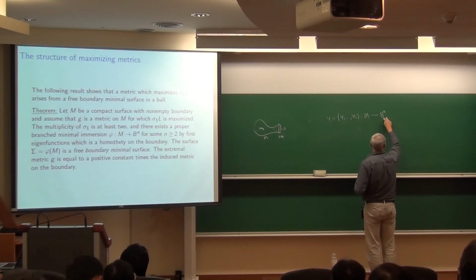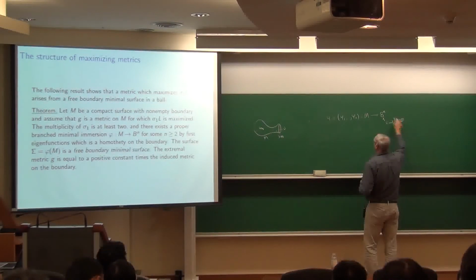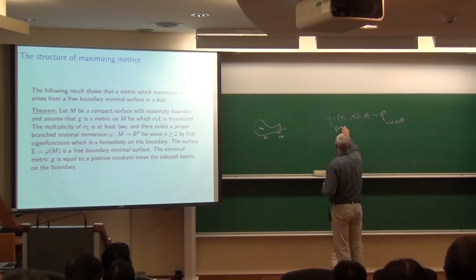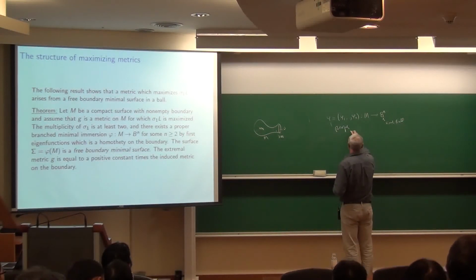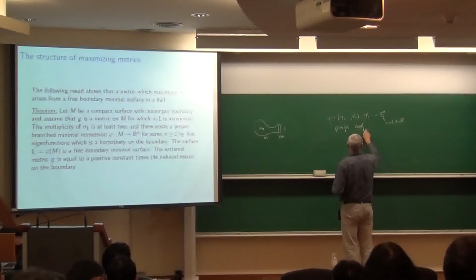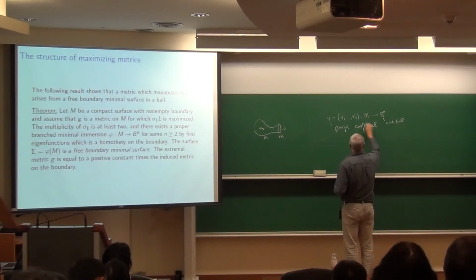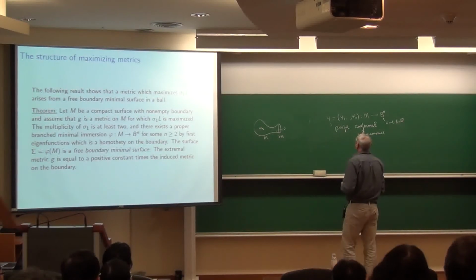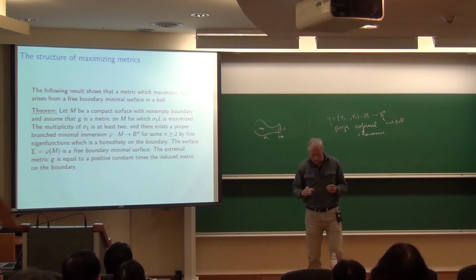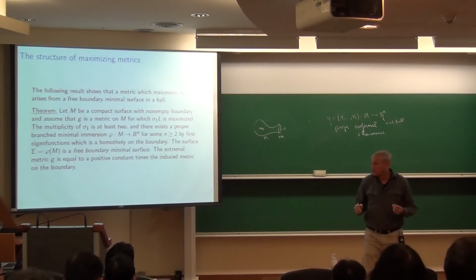So this is the unit ball in R^n, and this is a proper map. These are first eigenfunctions, u_1 to u_n. Moreover, it's a conformal map. And of course, because they're eigenfunctions, it's harmonic, because the eigenfunctions are harmonic inside. And so we get a conformal harmonic map, a proper map to the ball.